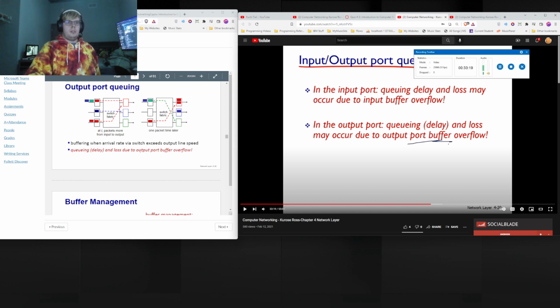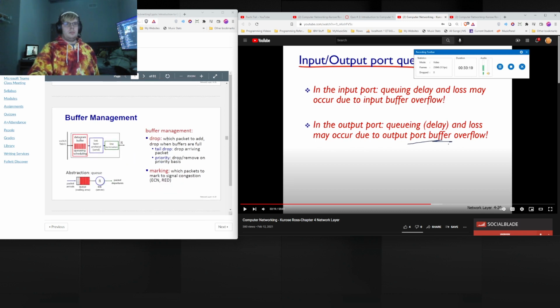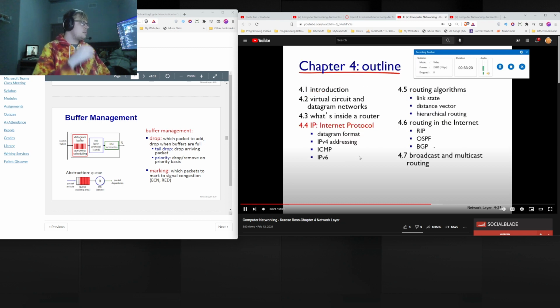Is the loss due to output port buffer overflowing? Is that because the green isn't here? Why drop arriving tail? Why would they call it tail drop? So in both the points, delay may occur.